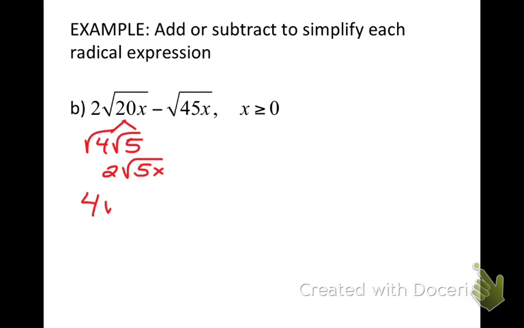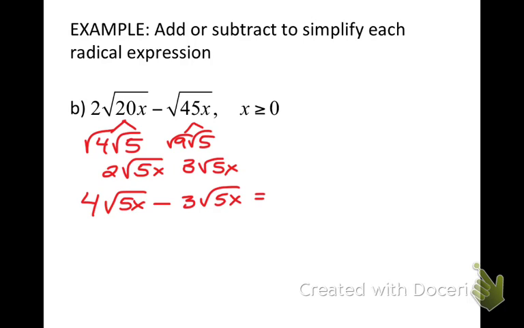So that makes 4 square roots of 5x. Bring down your subtractions. Now 45 would be 9 times 5. So 3 square root 5x. So 4 square root of 5x minus 3 square roots of 5x leaves me with how many square roots of 5x? 1. So square root 5x. Done.